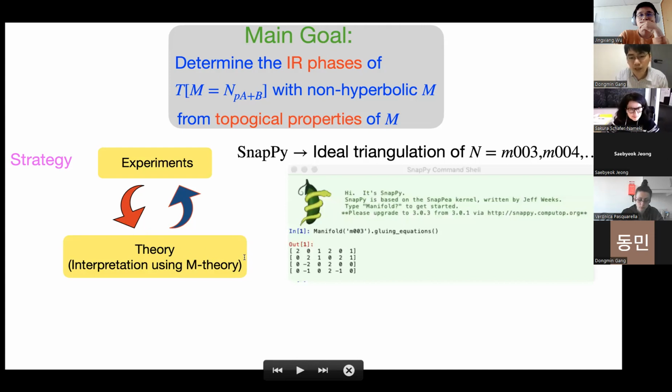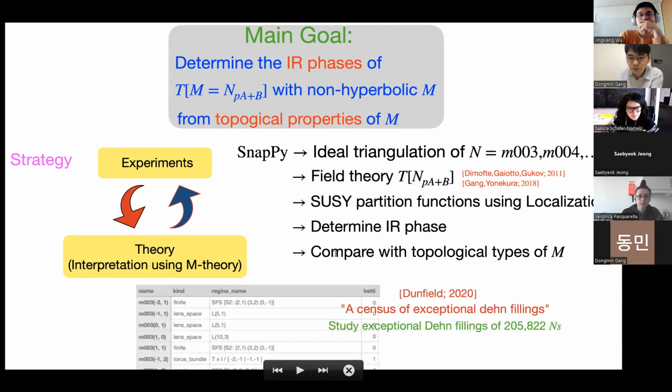And this is SnapPy. If you type this manifold, then it gives some gluing equations for the ideal triangulation, and using these, we can explicitly construct the field theories. And there's also a very nice paper by mathematicians, and they also studied this exceptional dumping.